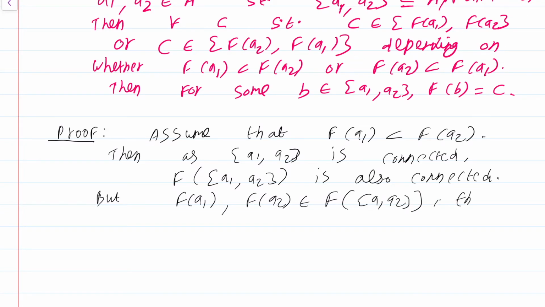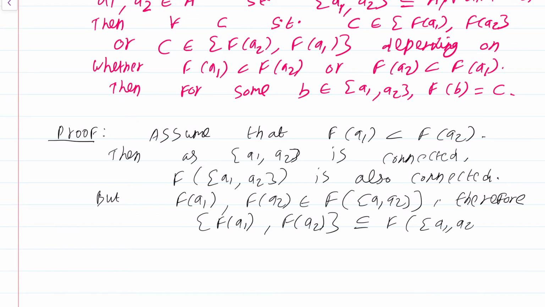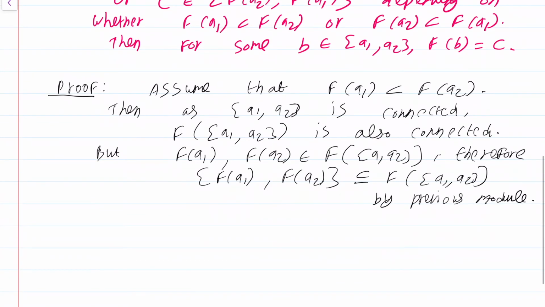Therefore the closed interval [F(a1), F(a2)] is a subset of F of [a1, a2]. This is just from the previous module. Please go back, and there's a big theorem in the previous module that immediately gives this. So this essentially proves what we need immediately.